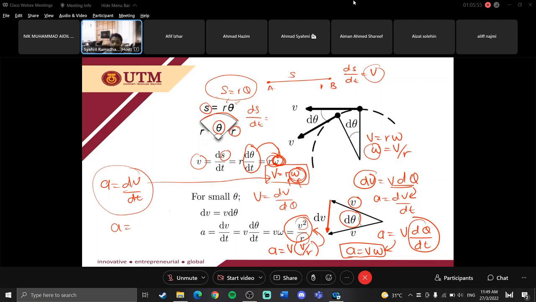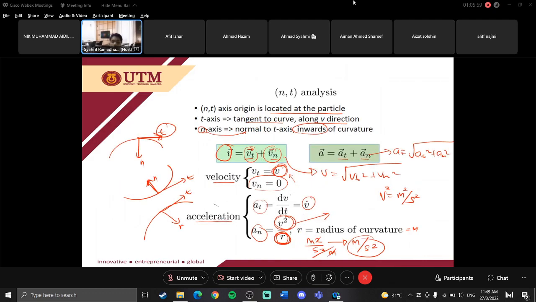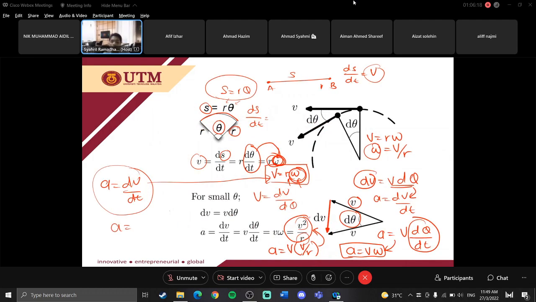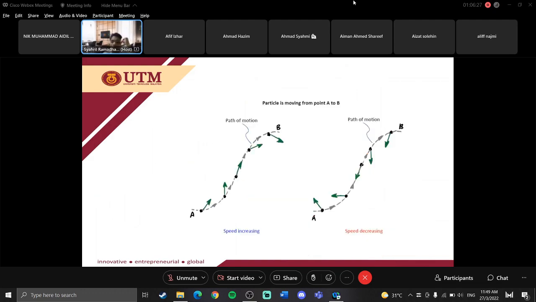But the derivation is not included in your test. You just need to remember the equations: vt equal to v, vn equal to 0, at equal to dv over dt, and an equal to v squared over r. In questions or problems, you only need to understand these equations. I just provide the extra knowledge on how to get the acceleration when the particle moves in curvilinear motion.